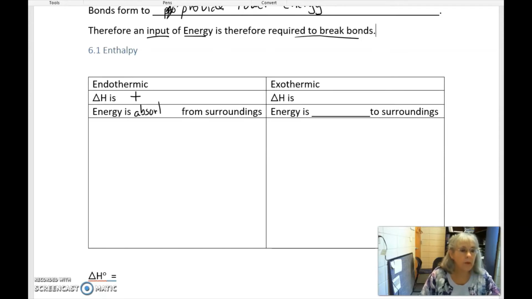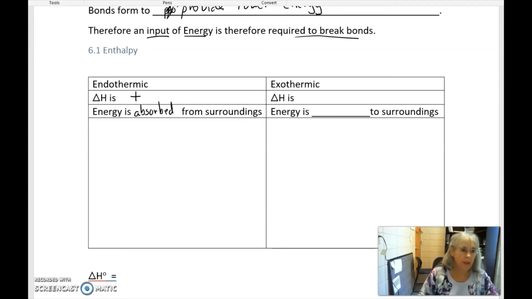An example of one of these reactions is one of those cold compresses. You break the little bubble inside and you hold onto it and it gets cold. Sometimes sports teams have them. But this is a reaction that as you touch it will be cold.